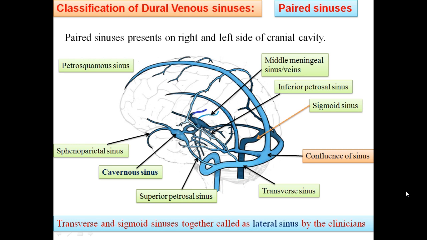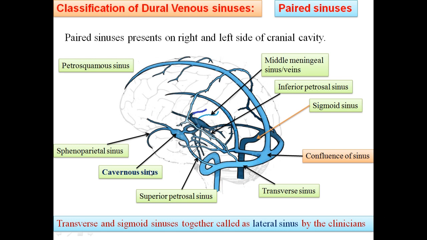And the classification of the paired sinuses, which are present in the intracranial cavity on the right and left side.